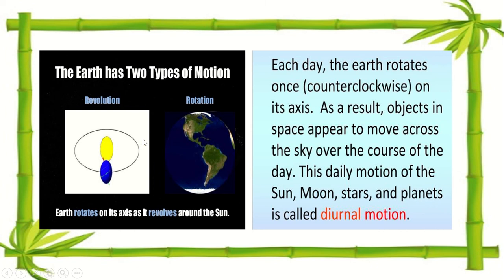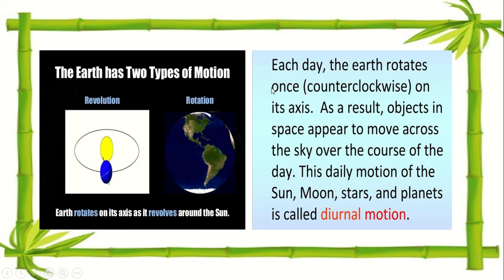So, the top has two types of motion. One is rotating on its own axis and another is traveling away on the soil. Like that, the earth also has two-way motion. The earth takes 24 hours to rotate once on its own axis from west to east. This is called the earth's diurnal motion. So, today I will explain the diurnal motion and I will show one example or experiment with you.